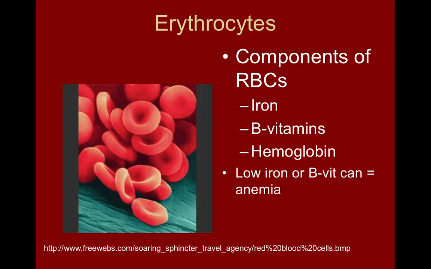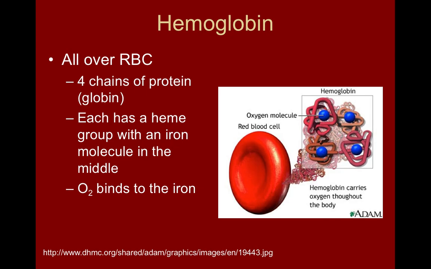And then hemoglobin is the protein component that your body makes, and it incorporates both those B vitamins and iron. This is a great diagram because it shows you that the red blood cell itself is very dense, and it's made out of these hemoglobin molecules, which have 4 little iron molecules. The blue dots on top are the oxygen that go to the heme part, and the heme part has the iron.